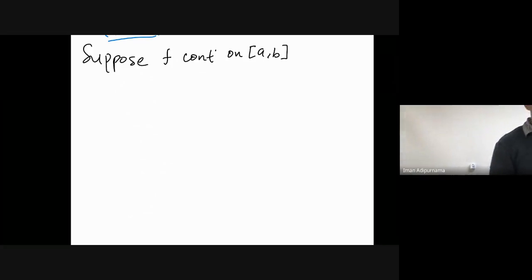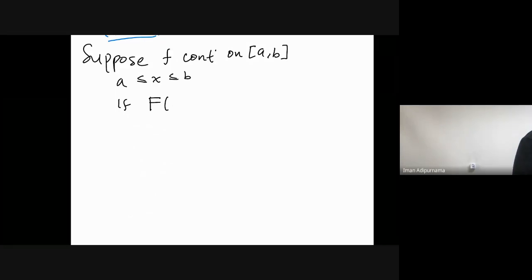So suppose the function is continuous on [a, b], and x is in between.